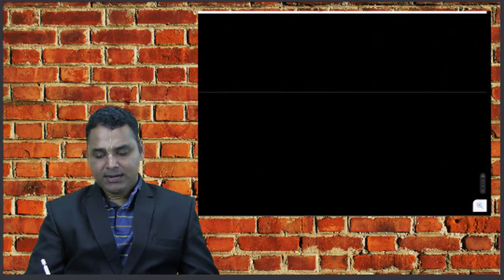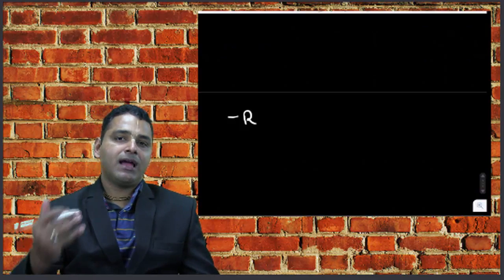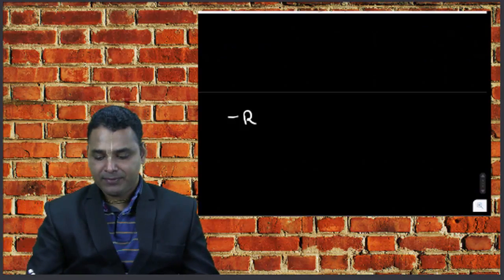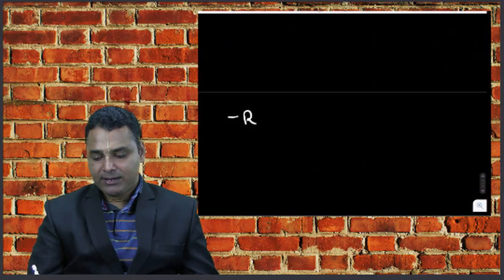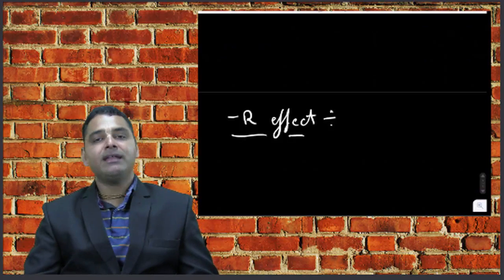The minus R effect means the electron shift is now towards the substituent group. Earlier it was away from the substituent group. The minus R effect is also called the negative resonance effect.